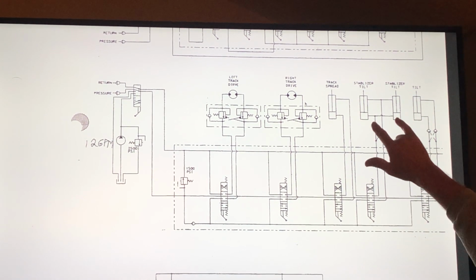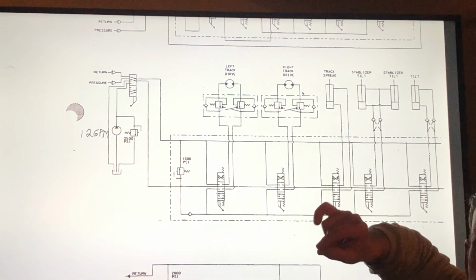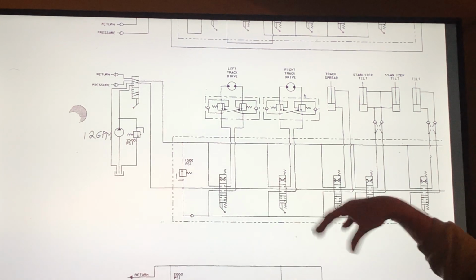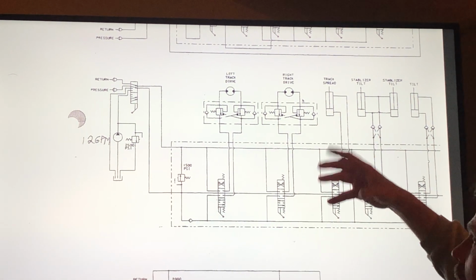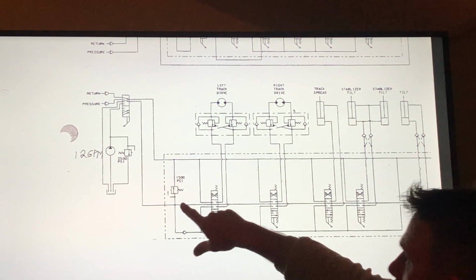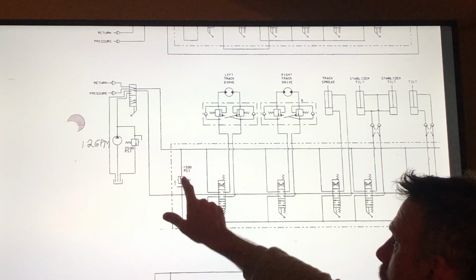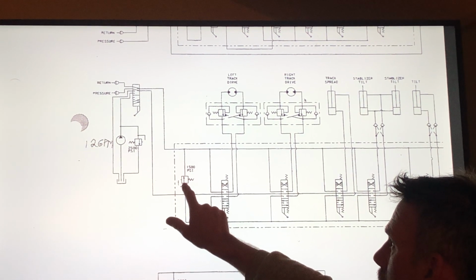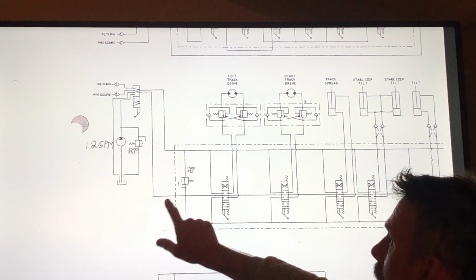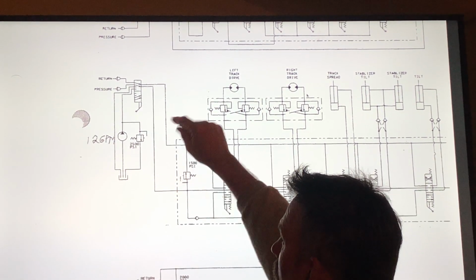We have to look at where the oil can escape. Oil takes the path of least resistance. The oil is going to be pushed into the circuit and build up and build up and build up until it can escape. In this case, the only place that it can escape in this component is through that relief valve, but we also have a main relief valve in the system. Over here, this is the pressure line coming from our pump.